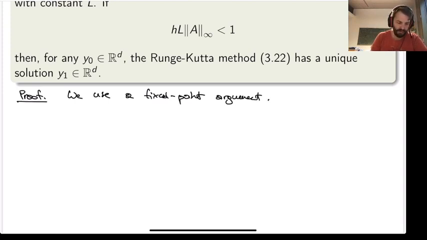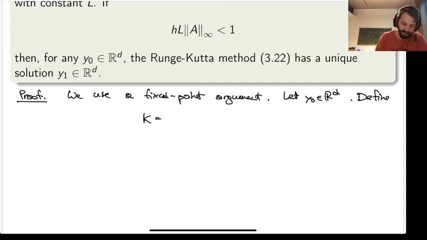So let y0 be given in R^d and define the matrix of stage values K to be k1 up to ks in R^d cross s.